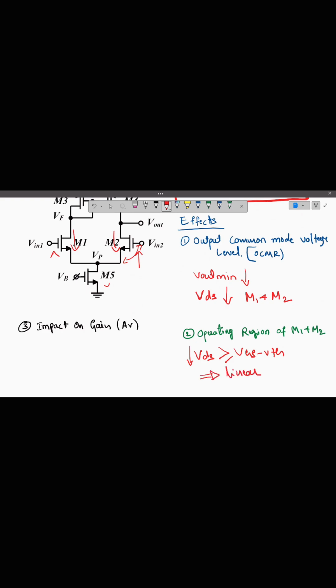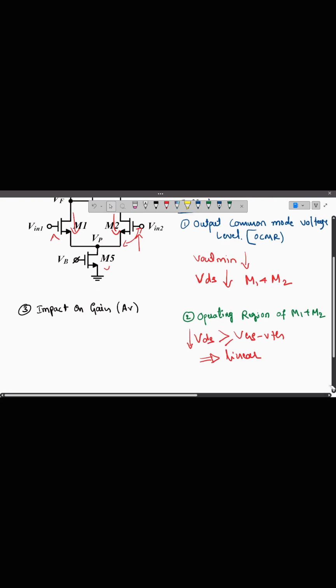That's a problem for an op-amp because all the MOSFETs should be in the saturation region only to behave as a perfect amplifier. Since it started getting into the linear region, that impacts its current, which means that ID will decrease.